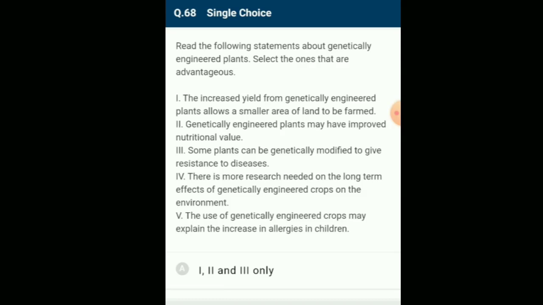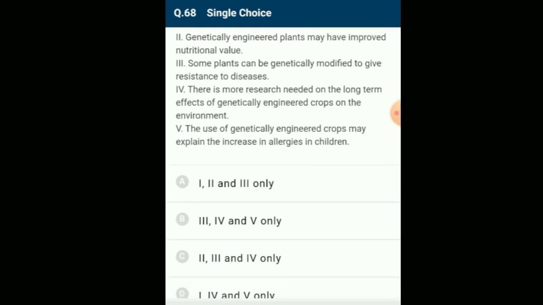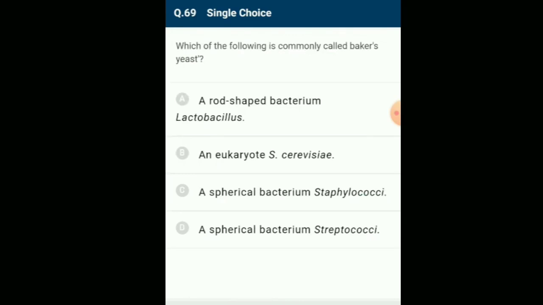So the answer for this question is option A. From the given statements, the first, second, and third are the advantageous statements about genetically engineered plants.